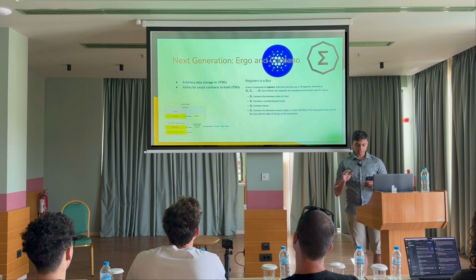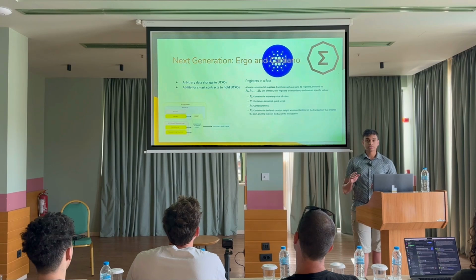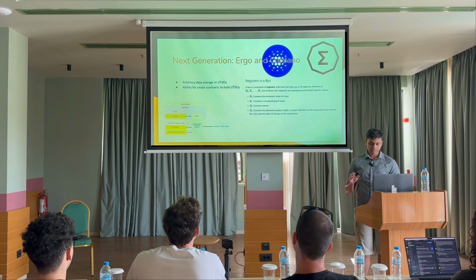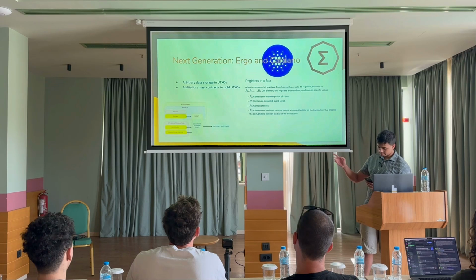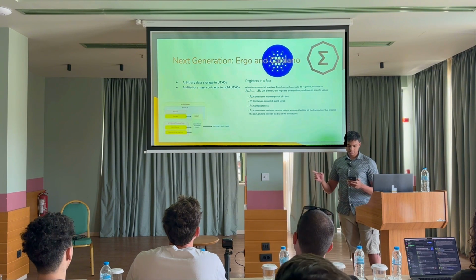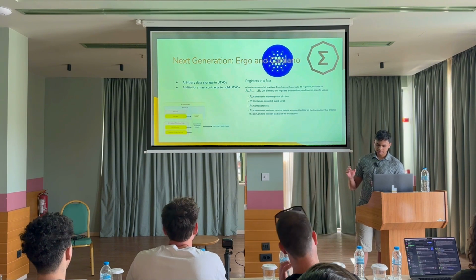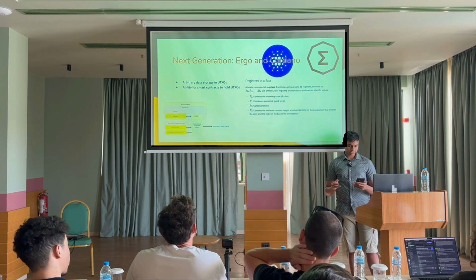You have the ability to store any arbitrary data through a structure called datums, and the ability for scripts to own UTXOs themselves. And Ergo is very similar. It has the same thing, but instead of datums, it has 6 open registers. And other than purely storing data in these data structures, it allows for scripts to access and evaluate arbitrary data.